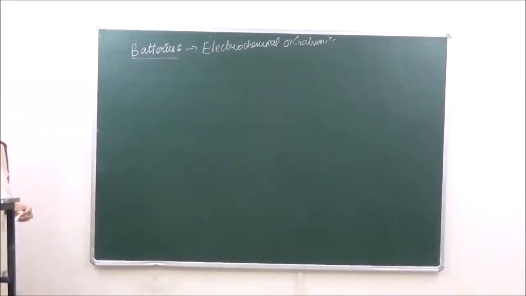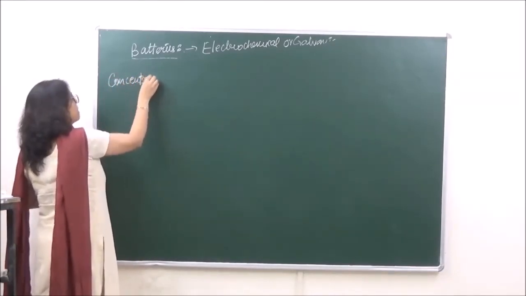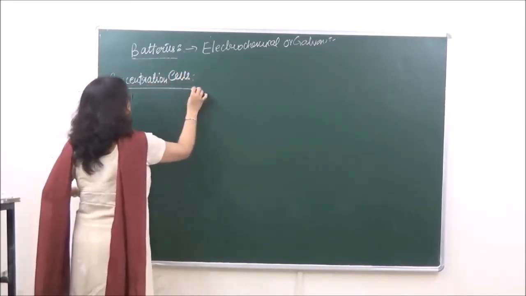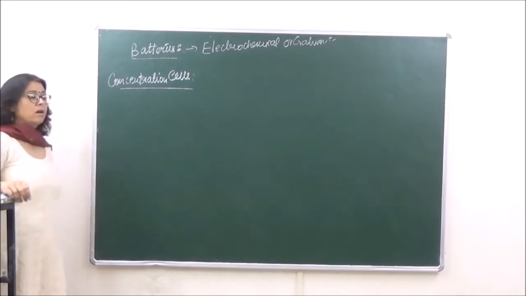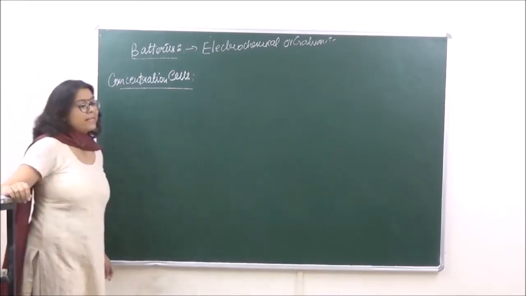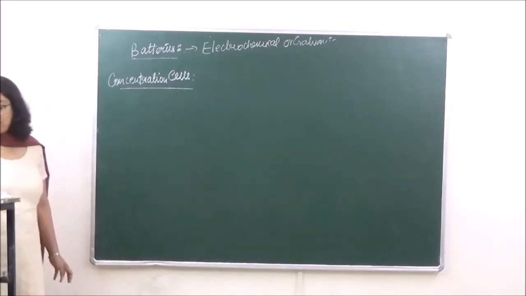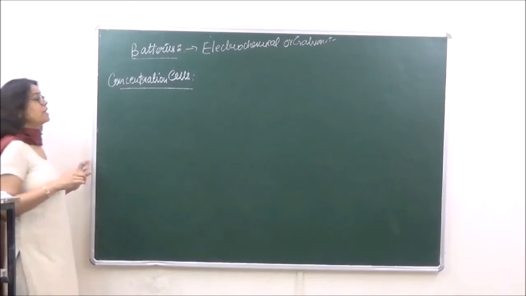So we have concentration cells. What are concentration cells? Concentration cells means that if we are placing, say, plates of the same metal, like we've taken plates of zinc, and we are placing plates of zinc in the same electrolyte, but with different or same concentrations. So in that case, we get two types of expressions to calculate the E cell.